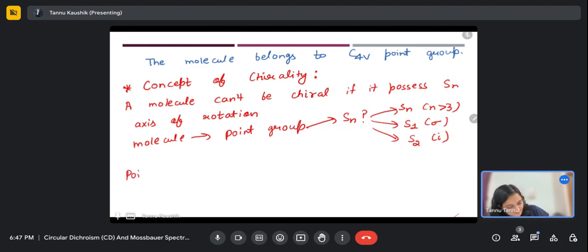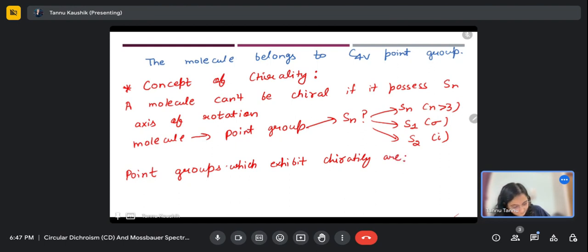The point groups which are considered to be chiral, because they don't possess any improper axis of rotation, are Cn and Dn point groups.